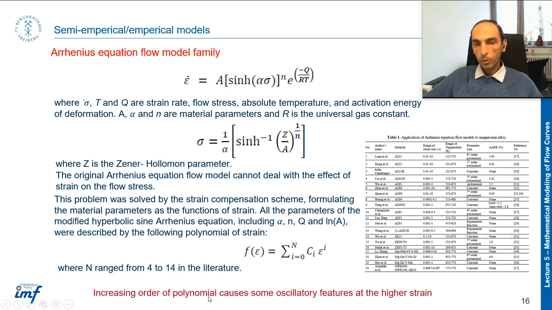Increasing the order of the polynomial causes some oscillatory features at the highest strain. At the highest strain, you can see some oscillation in the value obtained from the model. Okay, so this is the first category and first family.